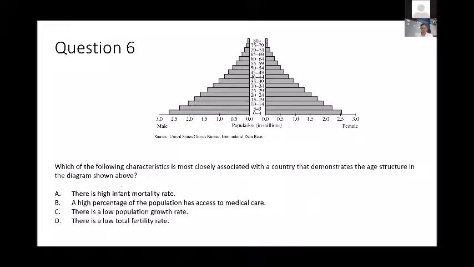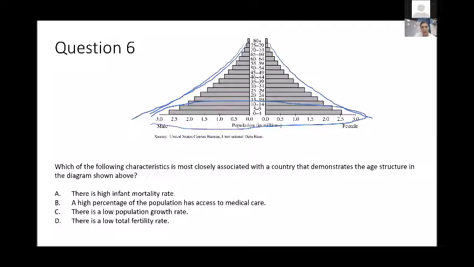Which of the following characteristics is most closely associated with a country that demonstrates the age structure in the diagram shown above? If you remember the 4 different types of pyramids that I showed you before, we know that pyramids that have a large base, that have that really tapering effect at the top here, those tend to have high death rates.